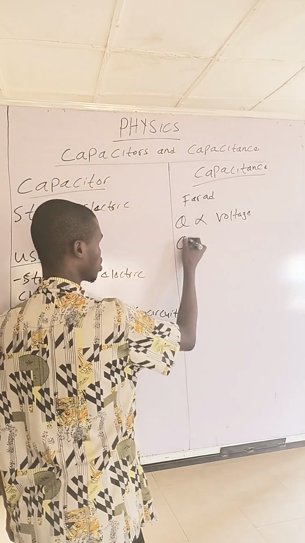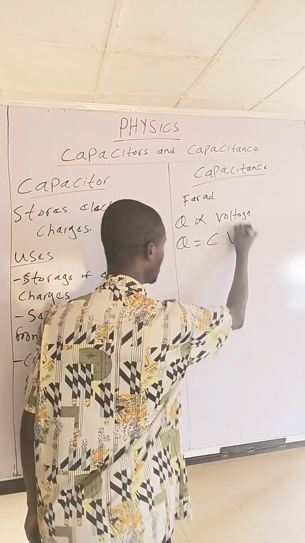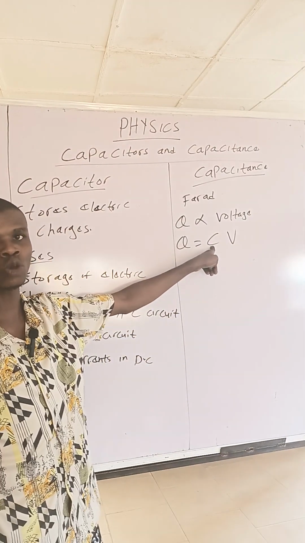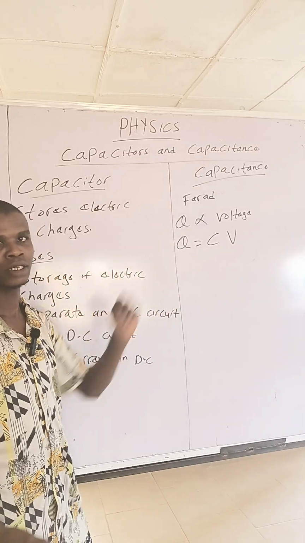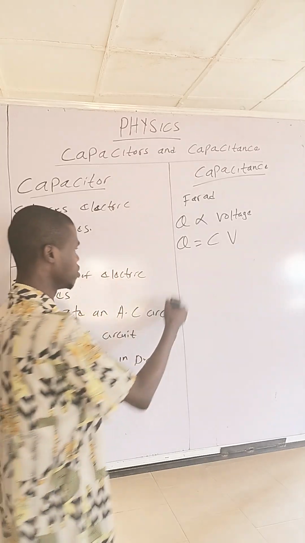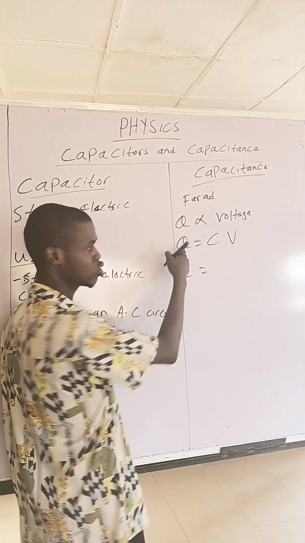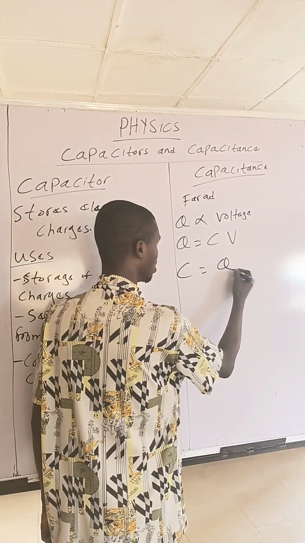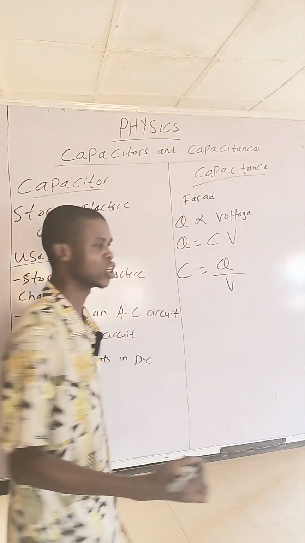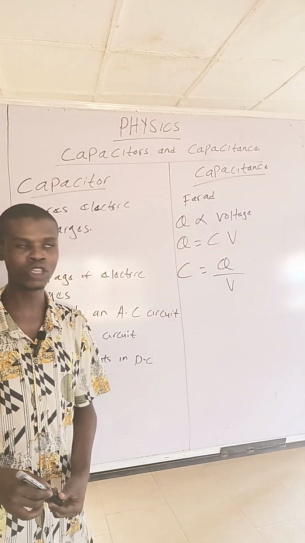So Q equals CV, where C is the capacitance of our interest. Making C the subject, the formula is C equals Q over V, the electric charge over the potential difference or voltage.